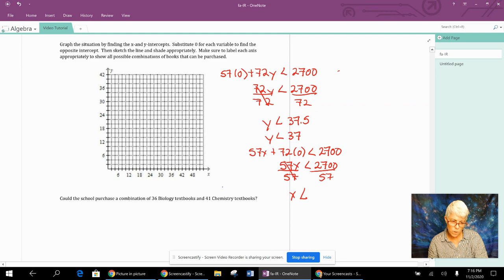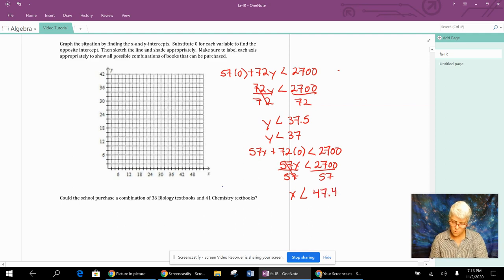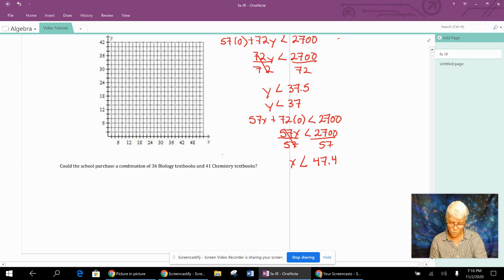And I'm left with 47.4, which again, I can't have 0.4. So X, we'll just say, is 47. So this ordered pair would be 47, and remember Y is 0. And this one would be 0, 37.